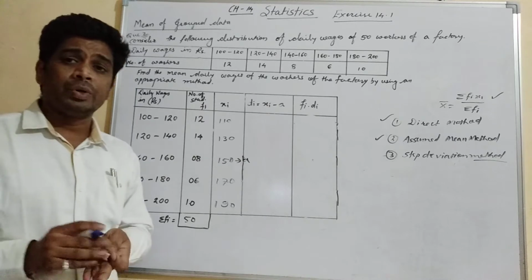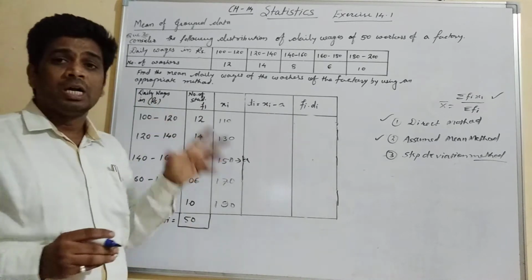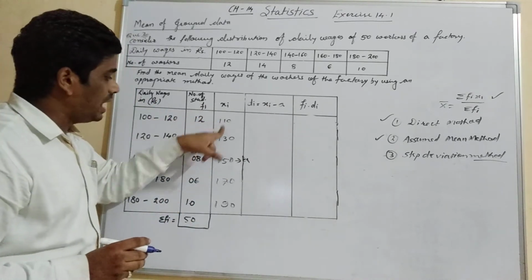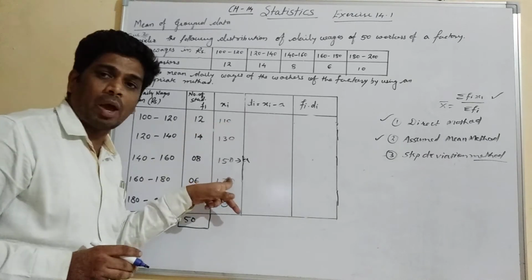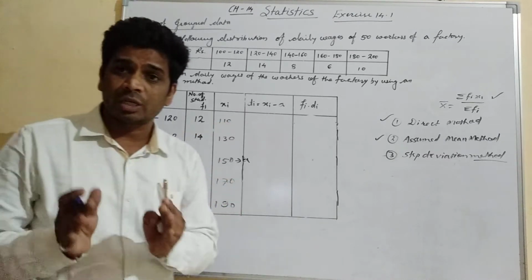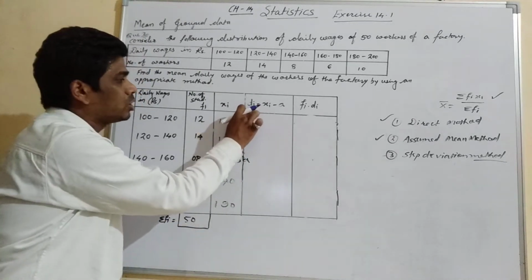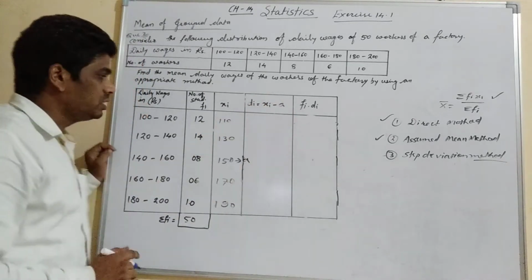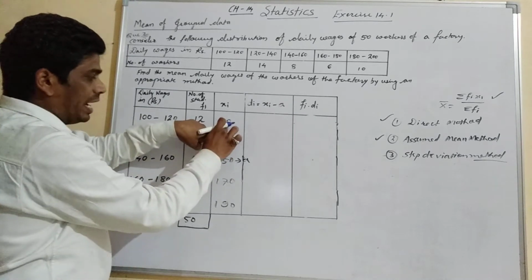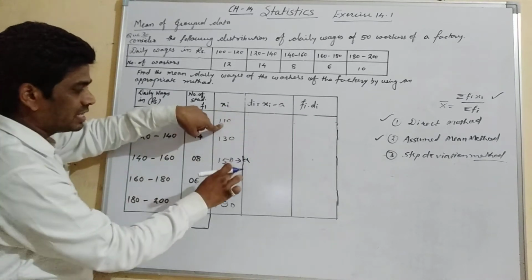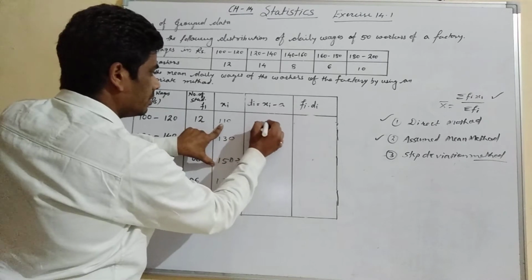Now what we have to do here is take the difference of xi and a. Xi minus a you have to do. That is called the deviation, and we will represent it by di. Di is equal to xi minus a. Here x1 is 110, so 110 minus a, it will be minus 40.